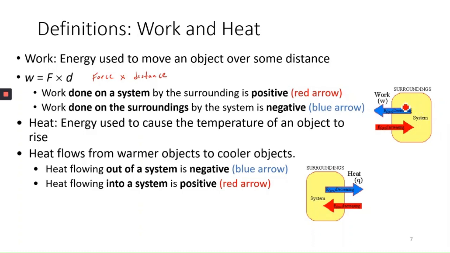So here is my system. And on the previous slide, we decided to define three different types of systems, right? So here's my system. If my system was a piston, like in the previous one, and the piston moves up, that means work is being done on the surroundings.